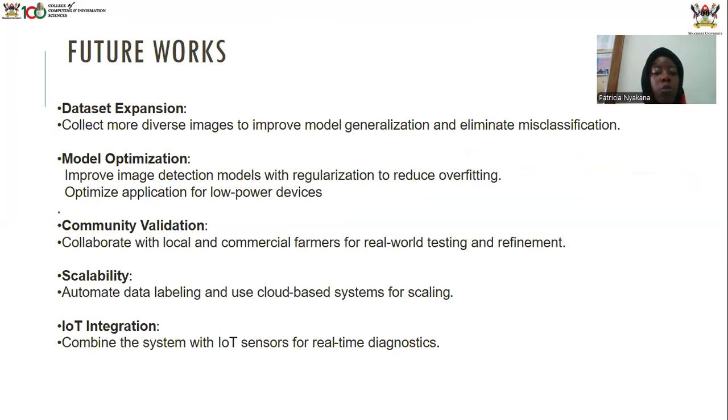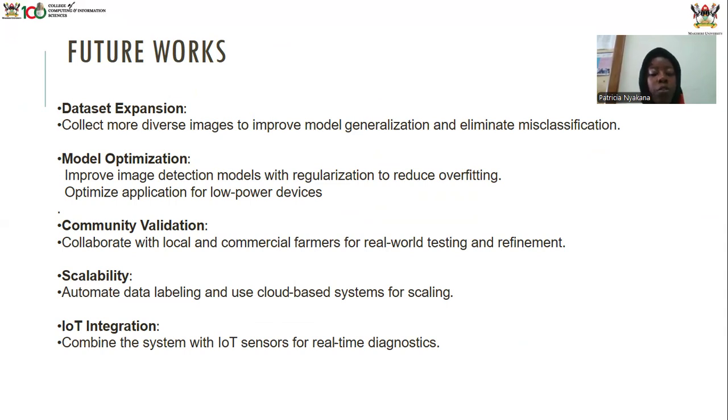Then we also have model optimization. We hope to optimize the application for low-power devices and also extend to rural areas. And then we also have community validation, where we plan to collaborate with local and commercial farmers for real-world testing and refinement. Then we also plan to scale by automating data labeling and using cloud-based systems for scaling.